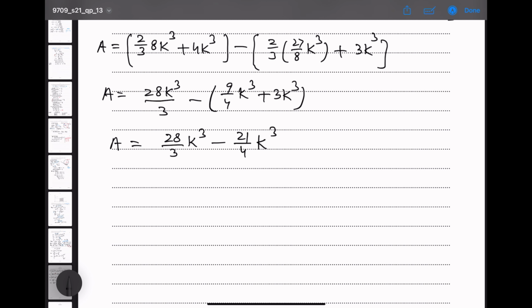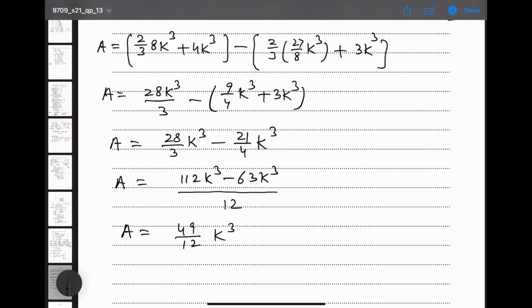By LCM we can write it as 112k cube minus 63k cube, the LCM of 3 and 4 is 12, over 12. Finally we get area will be 49 over 12 k cube.